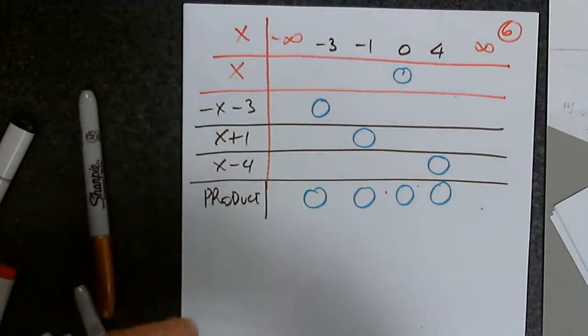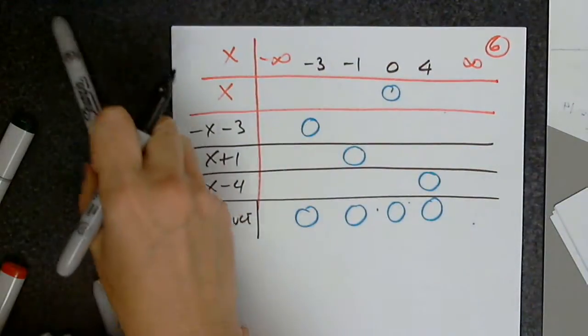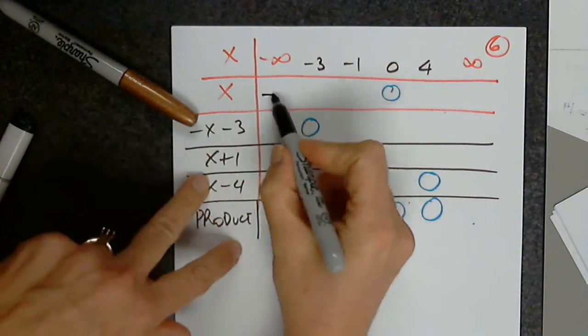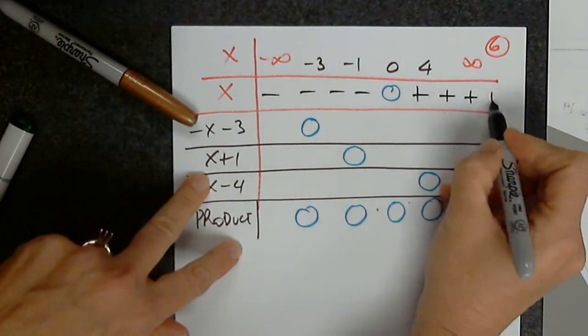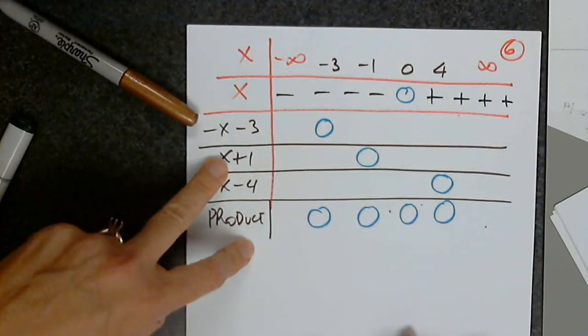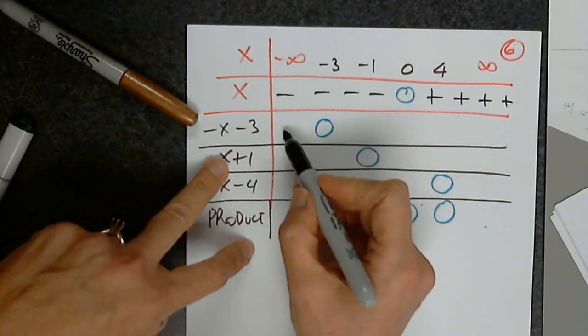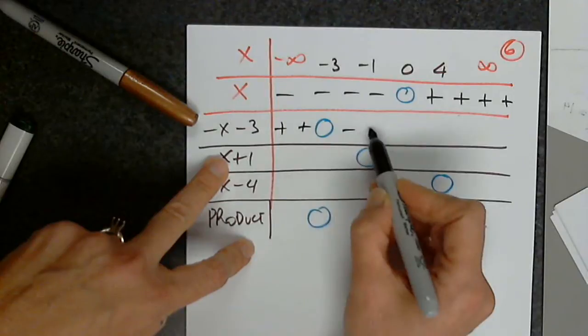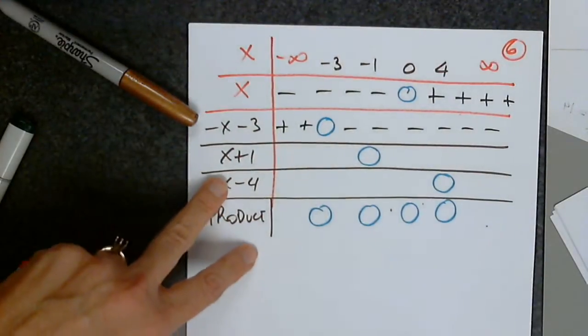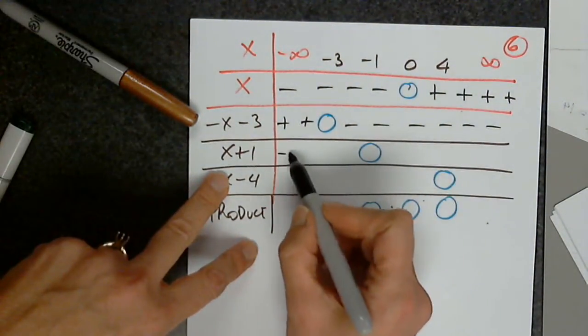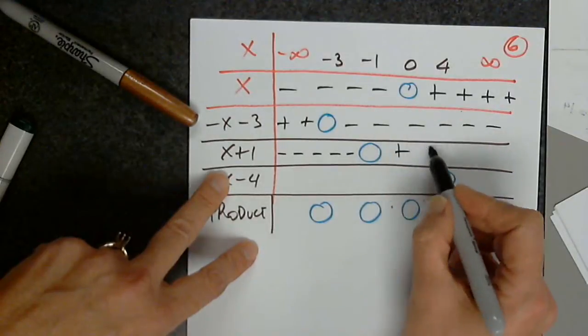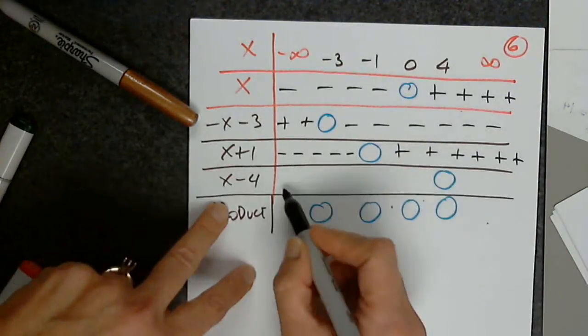So what is the sign for the first one, the sequence? What is the sign for the second one? Yes, to negative. And for the last 2? Very good.